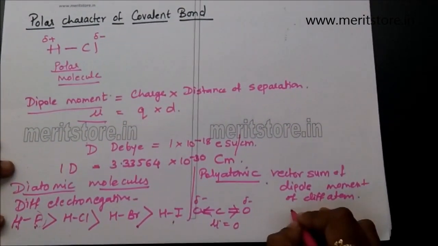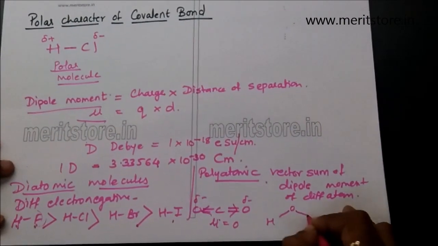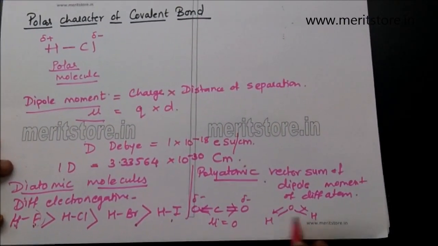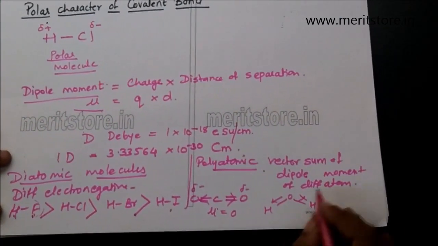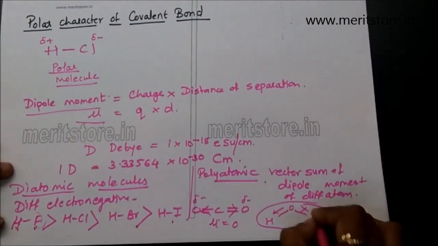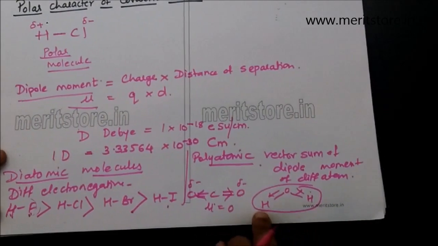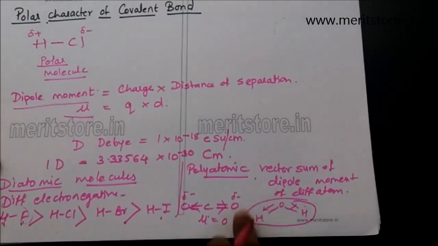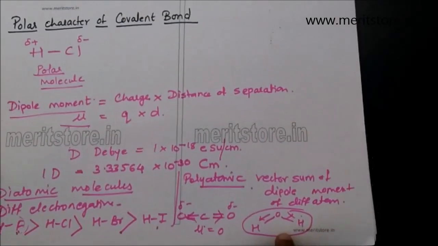But if you have a molecule like water, since it is a bent shape, the dipole moments are not cancelling each other completely, and that will create some dipole moment for this particular molecule. So definitely for polyatomic molecules, the dipole moment overall will depend on the structure of the molecule.